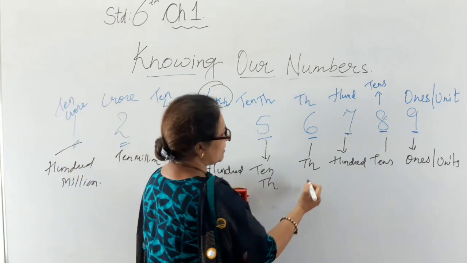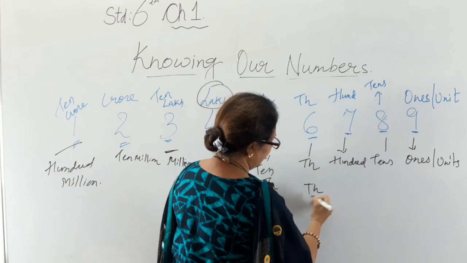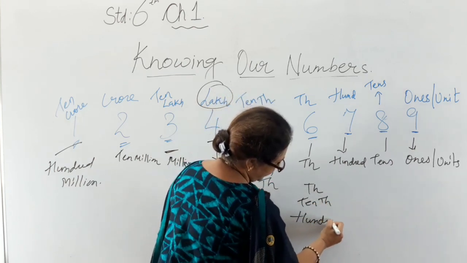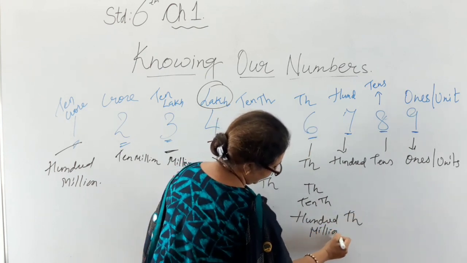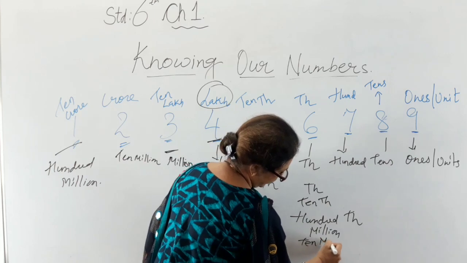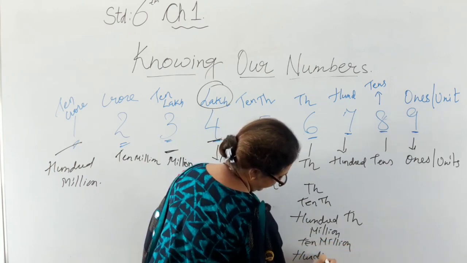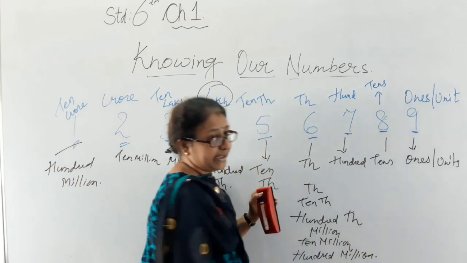So the international system uses 1,000, 10,000 and then 100,000. Similarly, they use million, 10 million and 100 million, which we don't use in our Indian system.